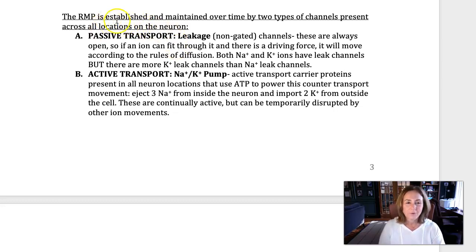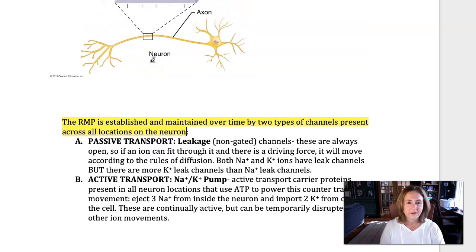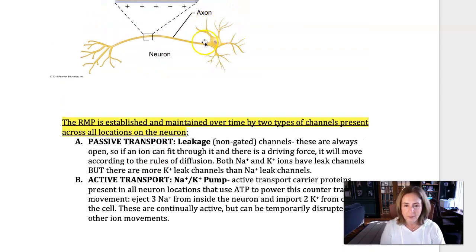And so in order to establish and maintain the resting membrane potential over time, these two types of channels are involved. And these channels are located all across the neuron. So in other words, whether I look at the dendrites or the cell body or the axon, telodendria, axon terminals, no matter what part of the neuron I look at, there are these leak channels, which we're going to see leakage of ions using passive transport, meaning that they're just going to diffuse across their gradient.